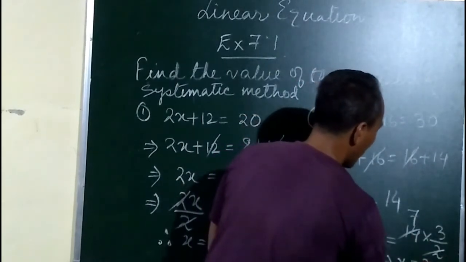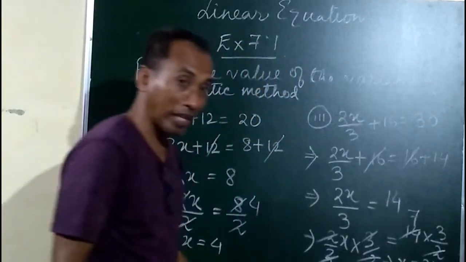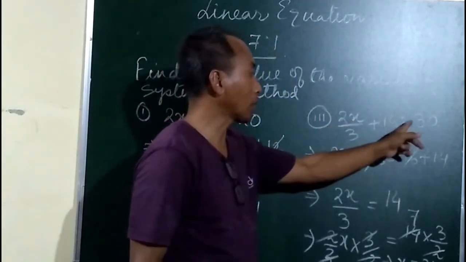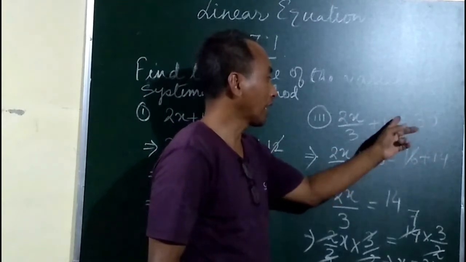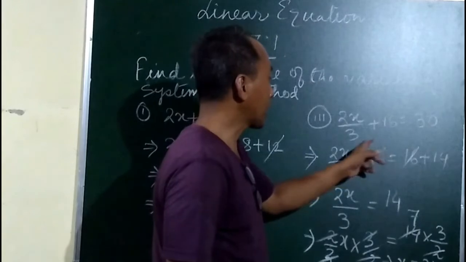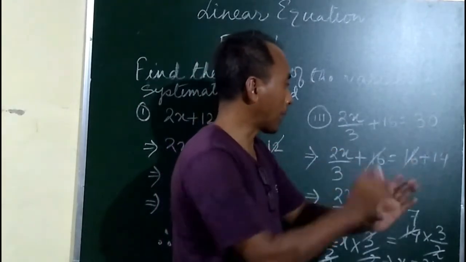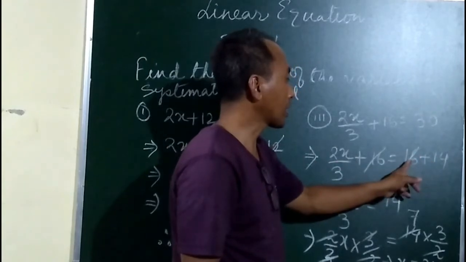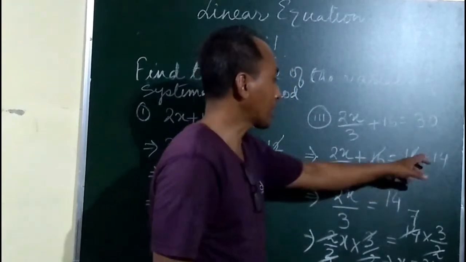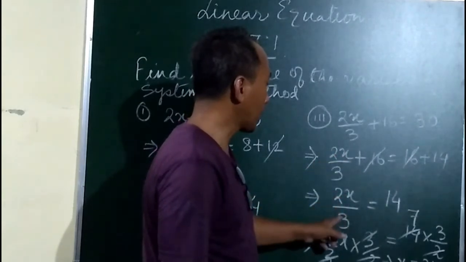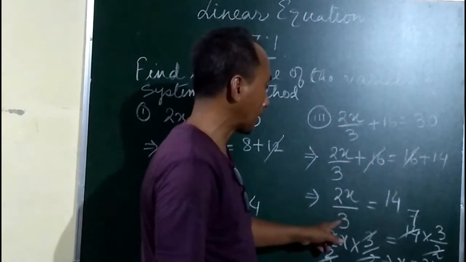7 3s are 21. I repeat again for this question: 2x by 3 plus 16 equals 30. Here the constant term is 16. So keeping constant term 16, we split 30 into 16 plus 14. The 16 and 16 can be cancelled. Now we still have the variable with 2 by 3.